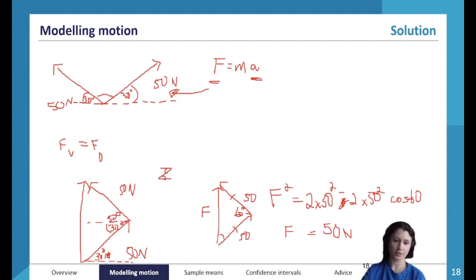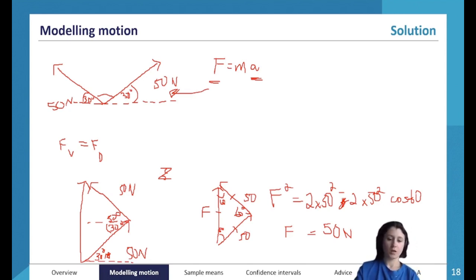We know that the two angles in here have to be equal. Considering that one of these is 60, the only angle that these could be is 60 as well, meaning that it's actually also an equilateral triangle. Alright.